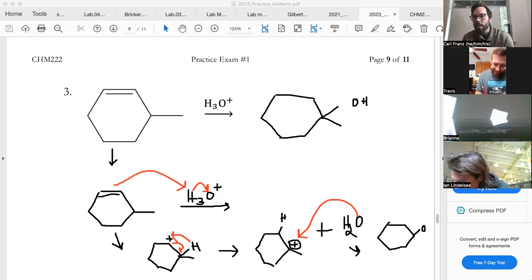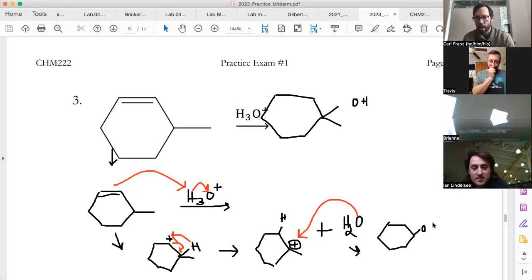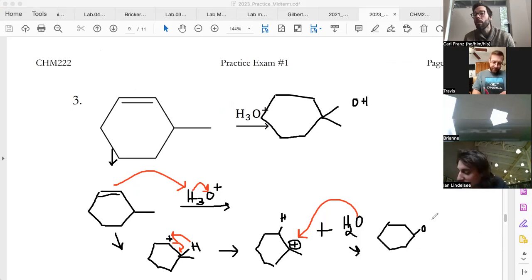Plus H2O. Now nucleophilic attack. Effectively, here, I can give myself some more space if I move this over here. There we go. All right, so now we've tacked on a water. Now we need to take one of those H's. And now this is charge.